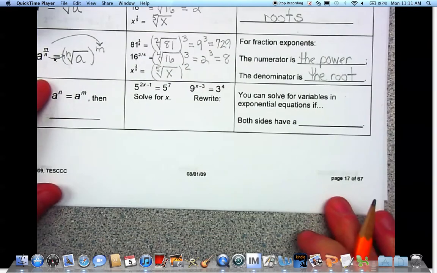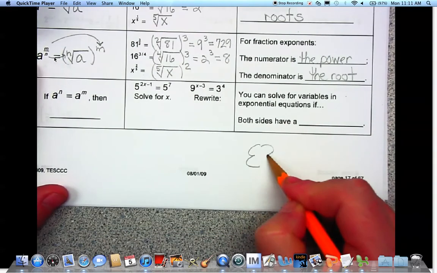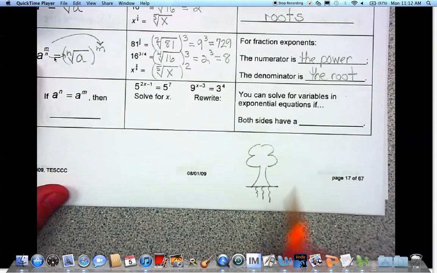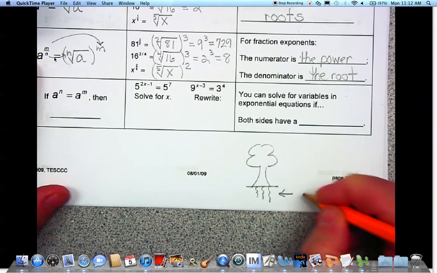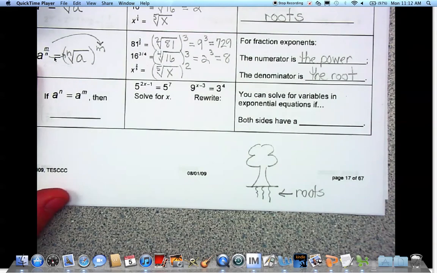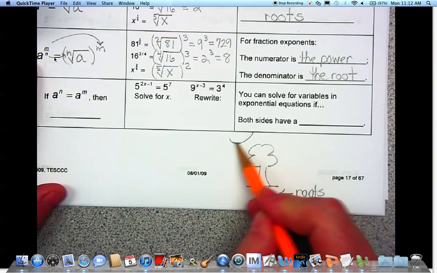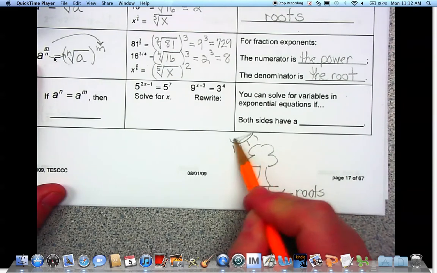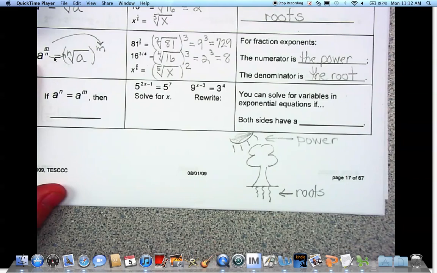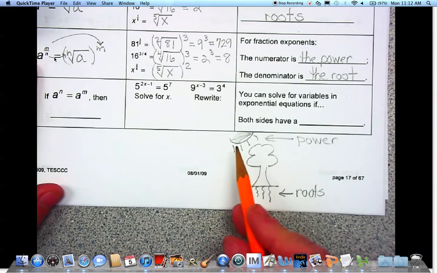Okay, so we're going to draw a little picture of a tree, because a tree has roots. Okay, and the roots of the tree are where? Yes, at the bottom. In the denominator. Okay. And then the sun gives the tree its power, and it is above, or in the numerator.